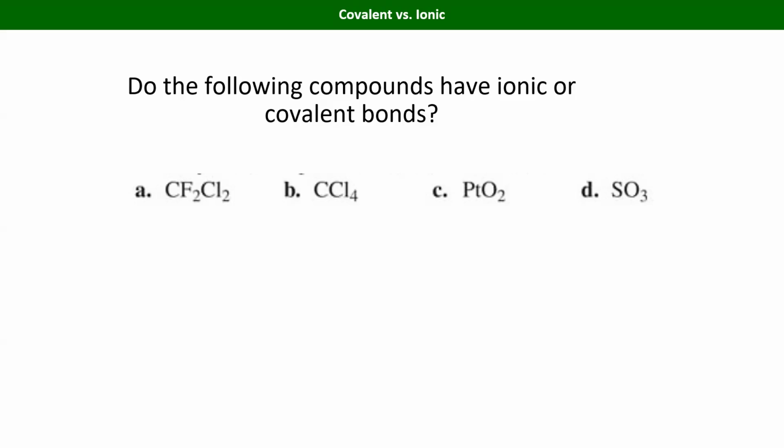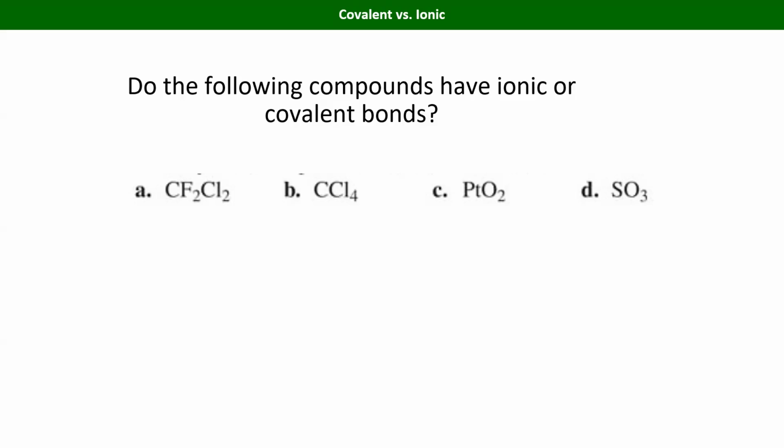What about if we had a polyatomic ion that has a positive charge and a polyatomic ion that has a negative charge? So this is the one exception. Most of the time, all you really need to look for ionic compounds is a metal and a non-metal.